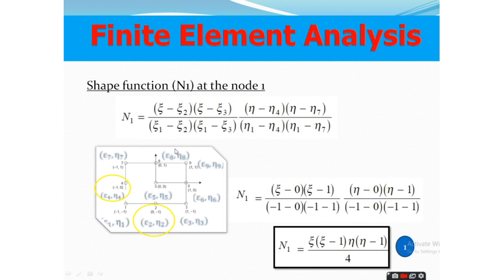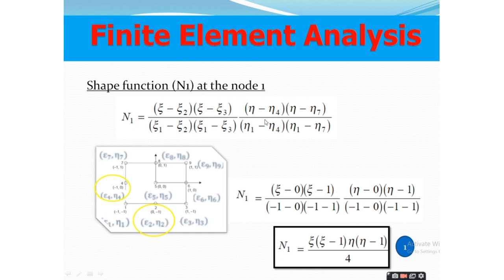Similarly, the denominator is eta1 minus eta2 and eta1 minus eta3 in the eta direction. Now we have to multiply with the psi direction. The influential nodes are 4 and 7, so psi minus psi4 and psi minus psi7. The denominator will be psi1 minus psi4 and psi1 minus psi7.